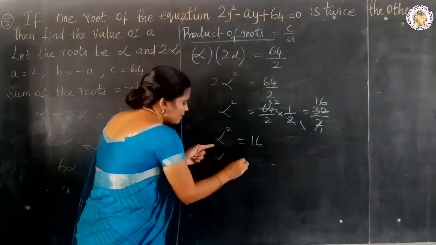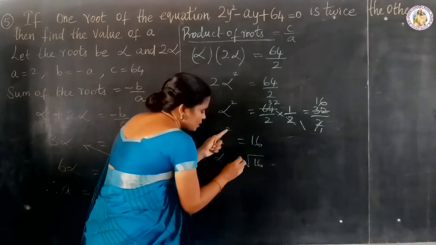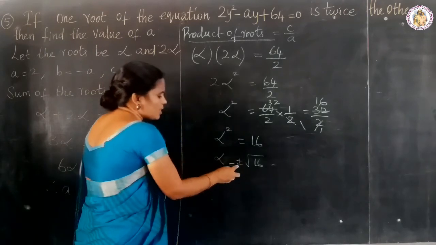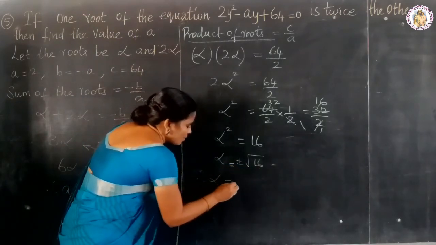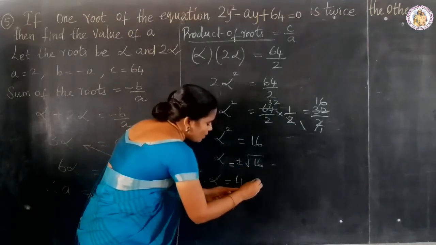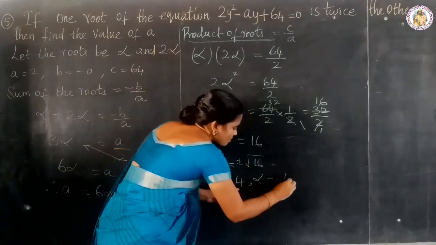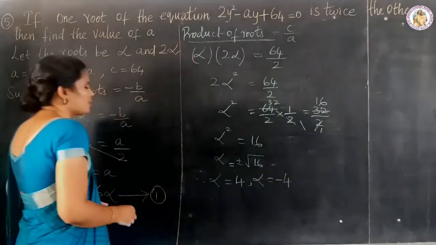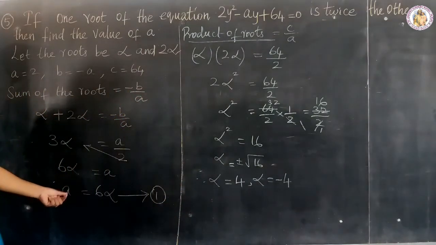Now alpha is equal to the square root of 16, that is plus or minus 4, since 4 4s are 16. So alpha is equal to plus 4 and alpha is equal to minus 4. Okay, now let us substitute the values of alpha in the first equation to find the value of a.